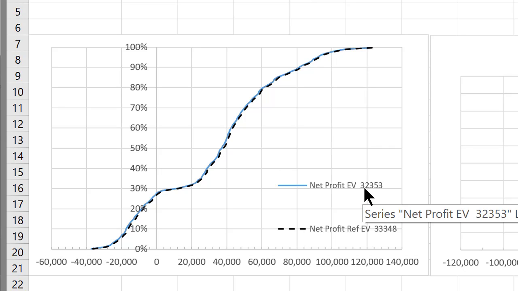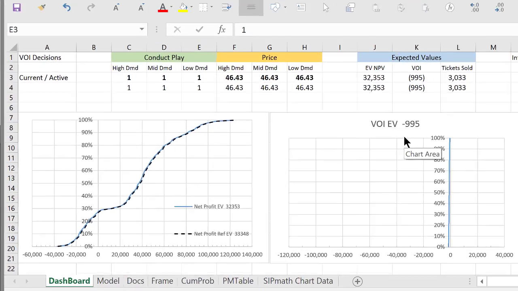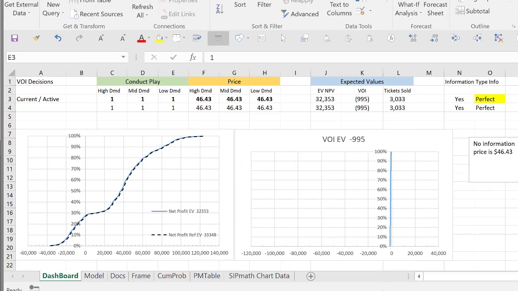It's $1,000 less because the blue line includes the cost of conducting the survey. So the value of information is minus 995. It's shown here as a vertical line, and it's a vertical line because we always made the same decisions. We always developed. You can't have value of information without a change in decision.